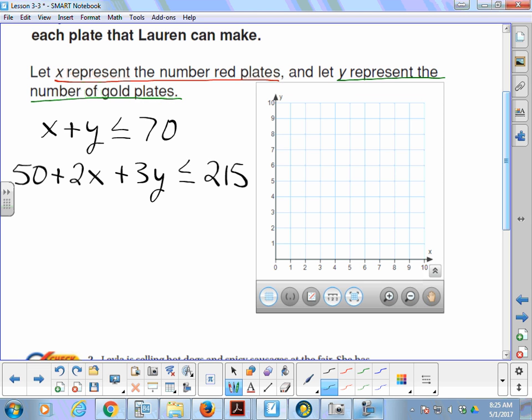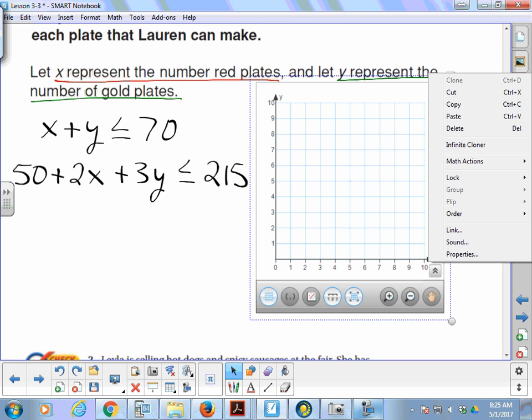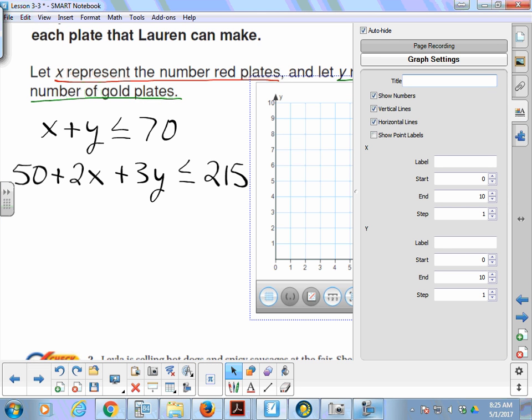So I'm going to go by tens here on my x and y axis. So I'm going to go to 80 on the x and the y.